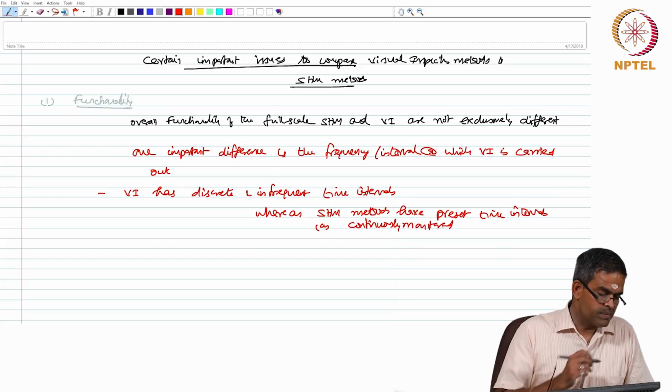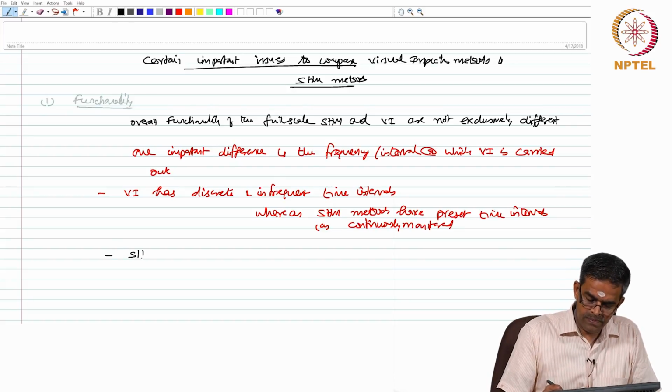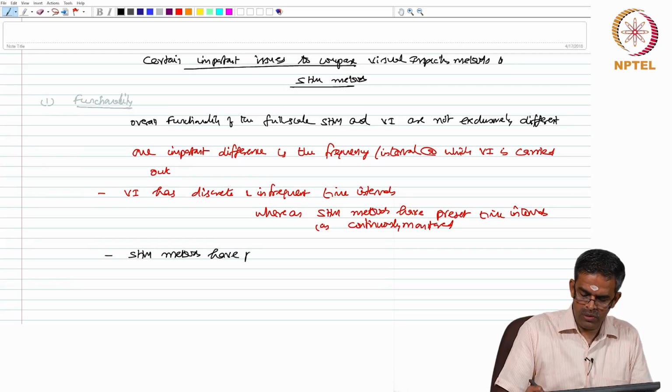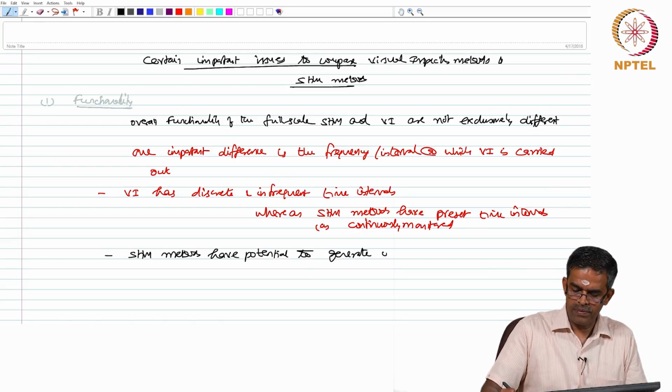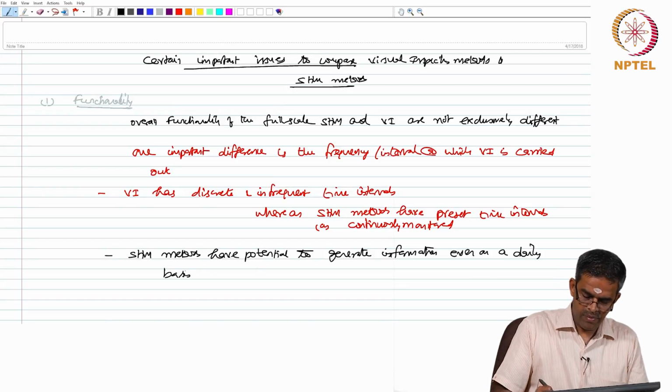So, therefore, structural health monitoring methods have potential to generate information even on a daily basis. Visual inspection methods cannot do this.